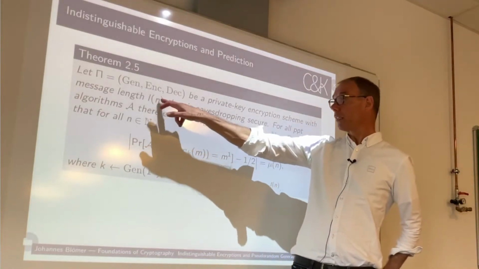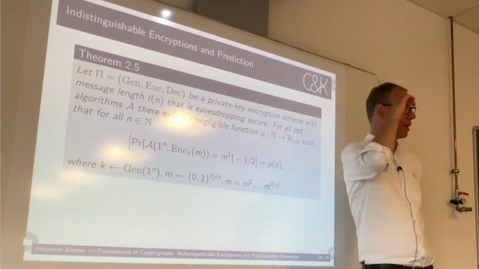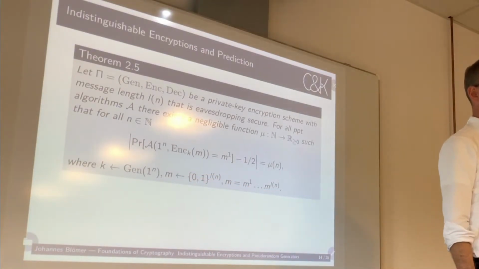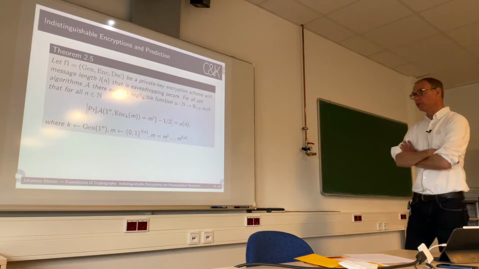The reason I have a fixed length here is because I want to pick the message uniformly at random. I cannot pick something uniformly at random from {0,1}*, which is infinitely large. That's why. So this is what we want to prove.